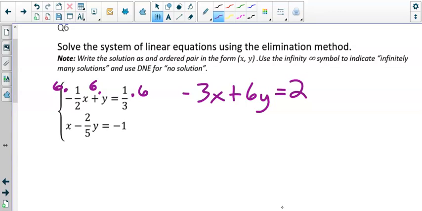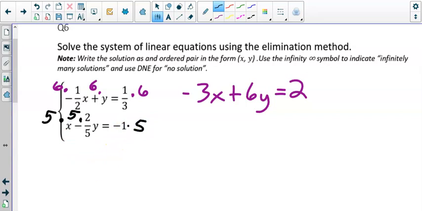fractions. So let's fix the bottom guy. How would we get rid of that fraction? Yeah, because it's the only denominator. So multiply everybody by 5. So you get multiplied by 5, and you get multiplied by 5, and you get multiplied by 5.